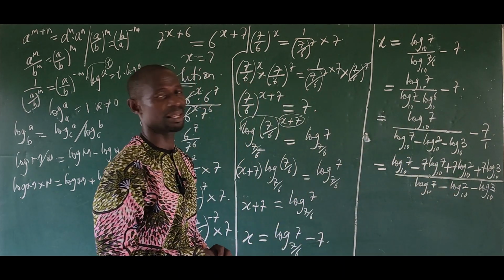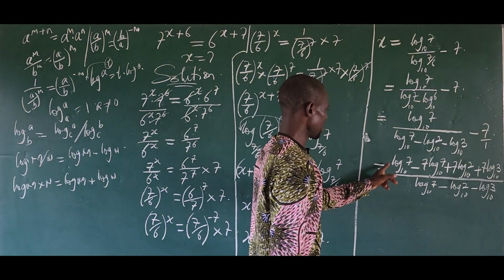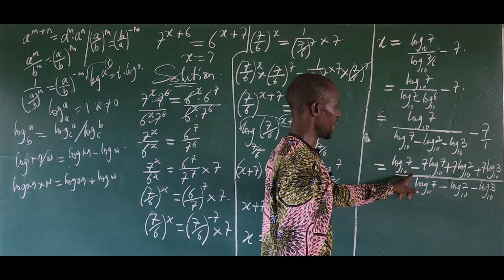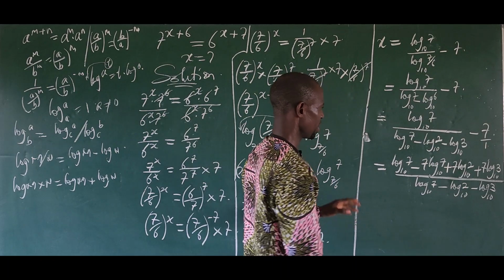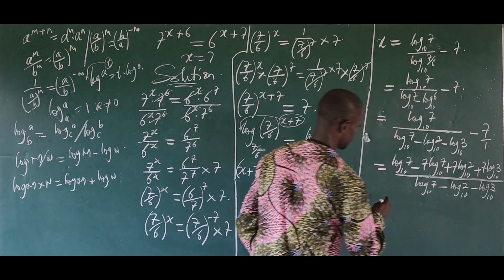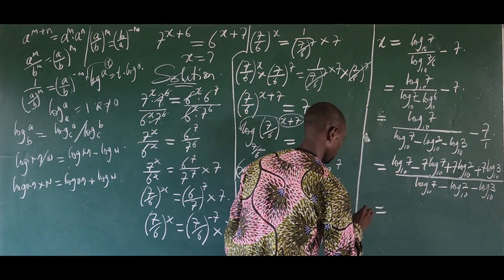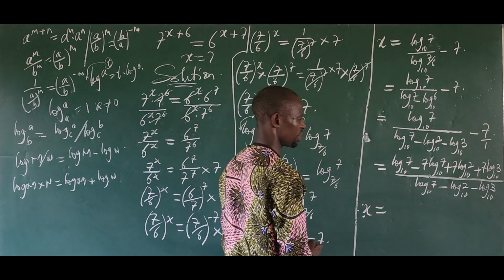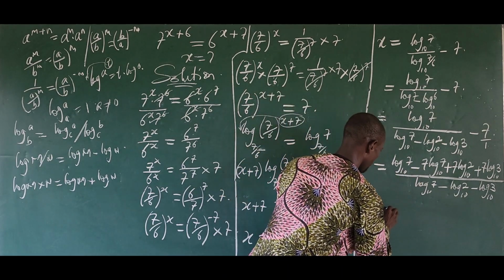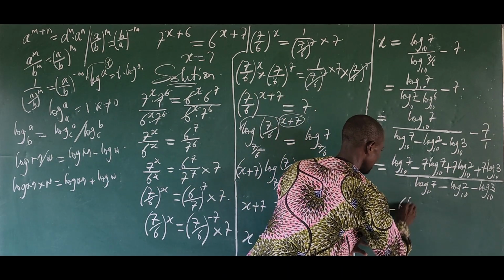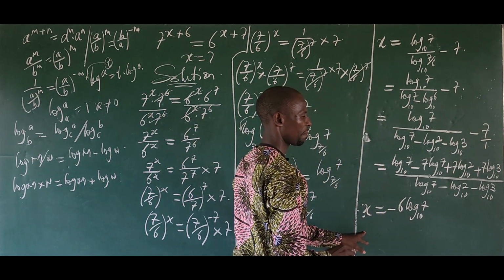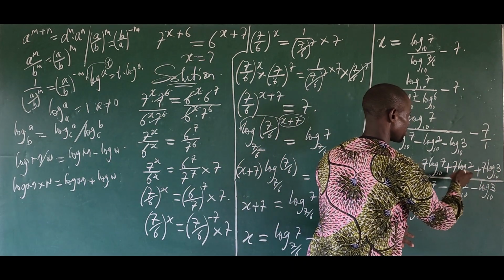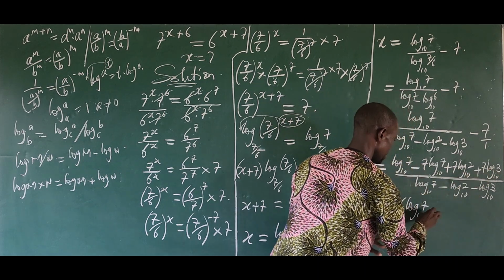Yeah, we're almost there. So this is log 7 base 10 minus 7 log 7 base 10. So we can simplify this, right? Therefore our x will now be equal to minus 6 log 7 base 10. Then here we have 7, here we have 7. We can factor out 7 from here.